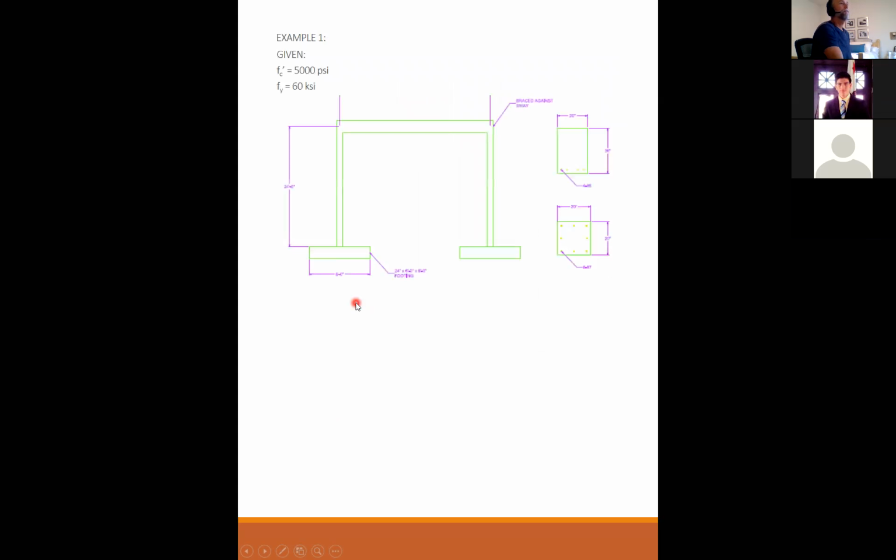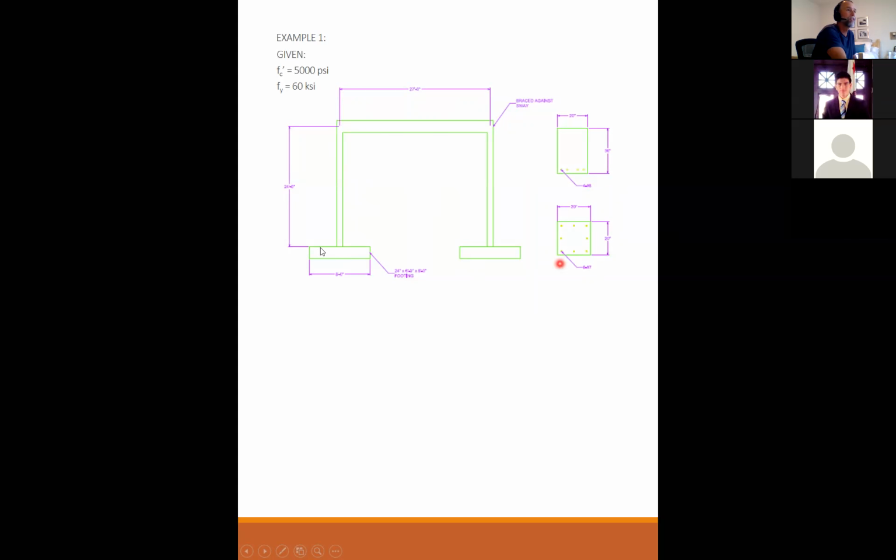Okay, so if we have this situation, here's my frame, this is my column in question. It is braced against side sway, as is labeled here. We don't really need to know what the rest of the structure looks like. It suffices to say that it's braced. The beam section is here. It's a 20-inch wide by 36-inch deep beam.